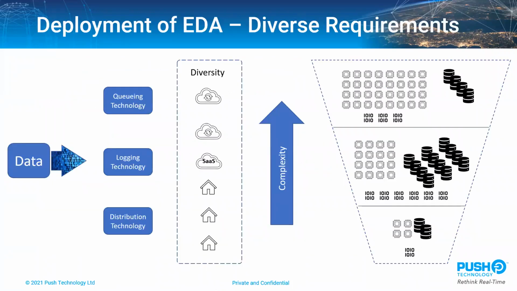Now let's get into a little bit deeper. So we have data. We have our 3 different broker technologies inside of the EDA. Now let's introduce some more diversity. Organizations are deploying inside of Azure. They're deploying inside of AWS. They might have multiple deployments in multiple regions with multiple VPCs. They may have SaaS offerings, software as a service.